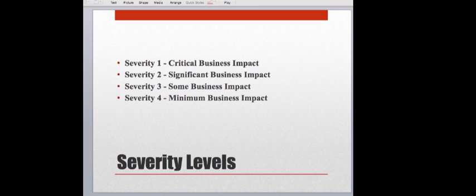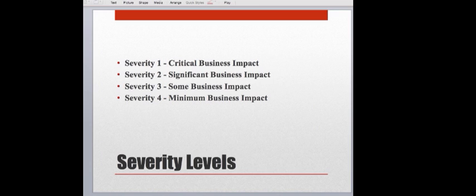So in the case where you have some important features, there's an issue, but there's a workaround. It's like, okay, we can't do it the way we meant to, but at the end of the day, we can still do our process. We can still get done the work that we need to do by doing it this way instead until we get this fixed.